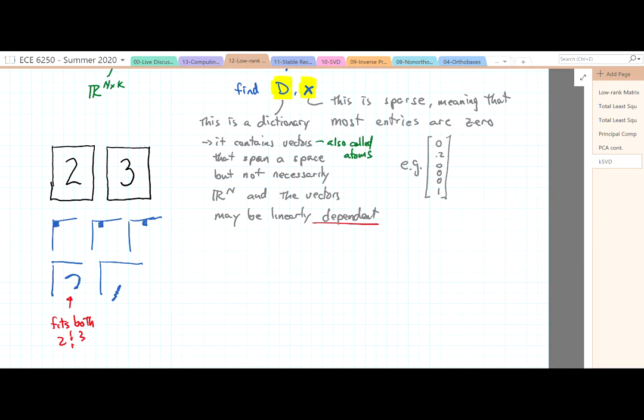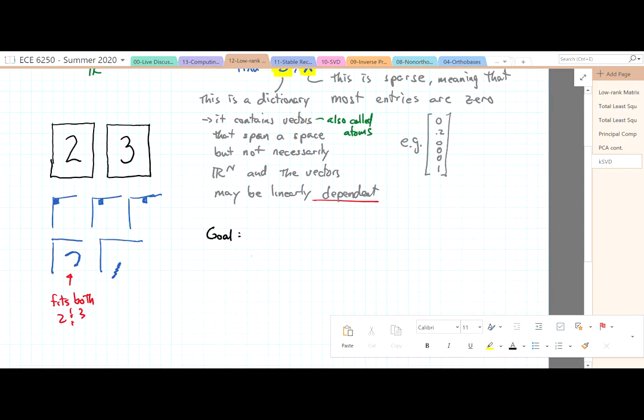First, the goal we'll find is actually a little bit hard to achieve in reality.